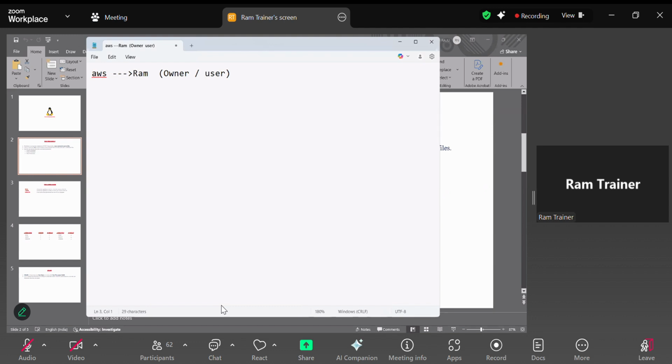Even in an organization, you have multiple groups: sales group, developer group, cloud group, HR group, with group members in each.